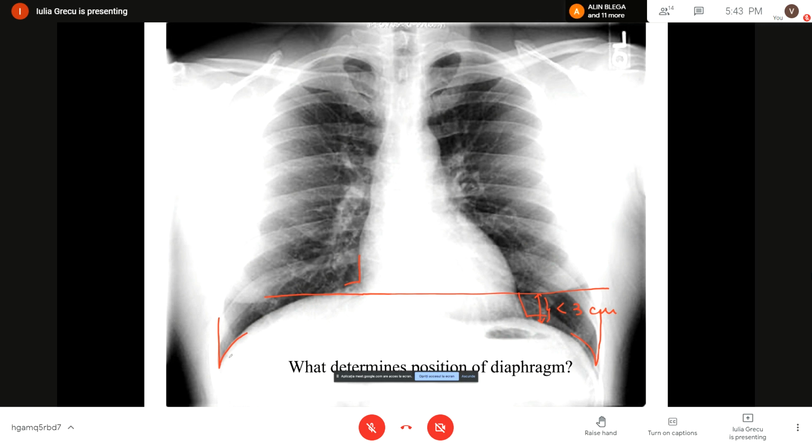Okay, so: diaphragms, right diaphragm, left diaphragm, costodiaphragmatic recesses or angles, lateral costodiaphragmatic angles, cardiophrenic angles.